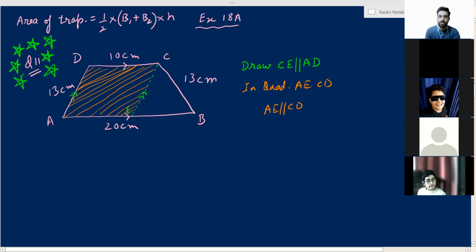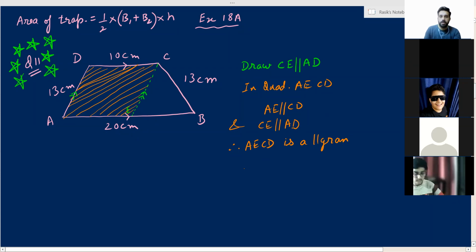It was given in the question. AB and CD are parallel sides of the trapezium. That means AE is parallel to CD and CE is parallel to AD by construction. Therefore, we can say that AECD is a parallelogram.